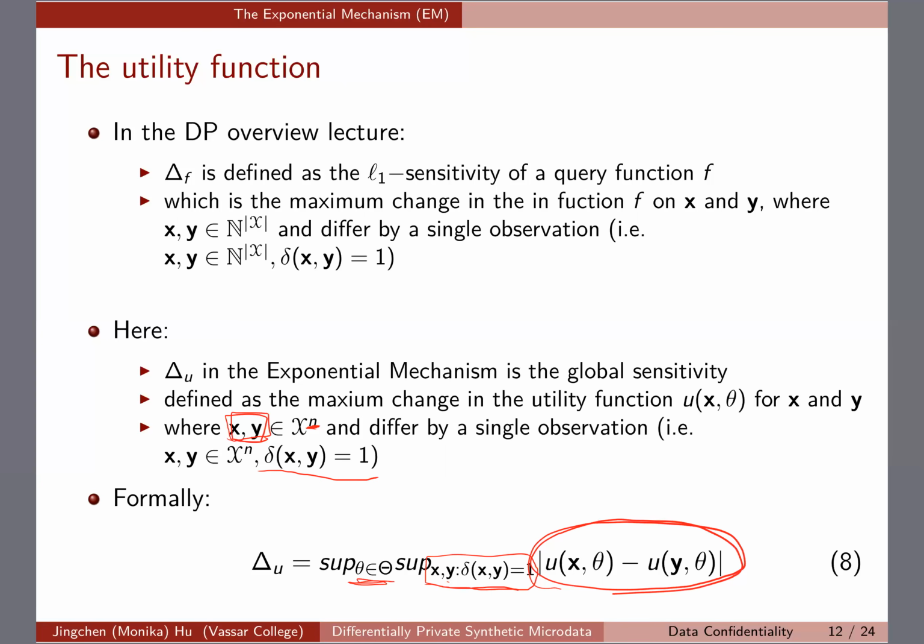We're looking at the difference between U, the utility function when you supply X, and when you supply Y. So see the analogy here, it's very similar. The utility function and then delta U, the sensitivity itself, follows from before.